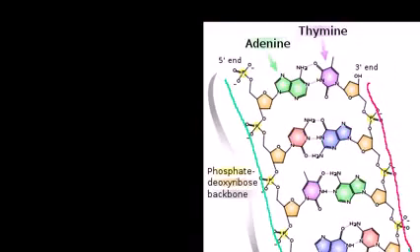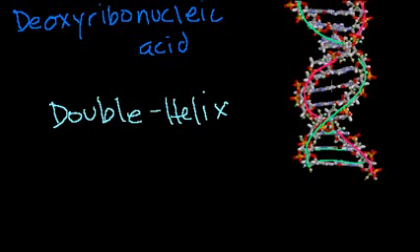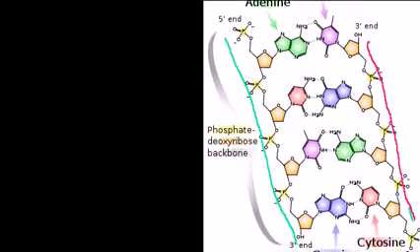And if you twist it up, you get back to this drawing up here. And then these bridges that you see in this drawing, in the double helix, those are these connections right here. These are the bridges.